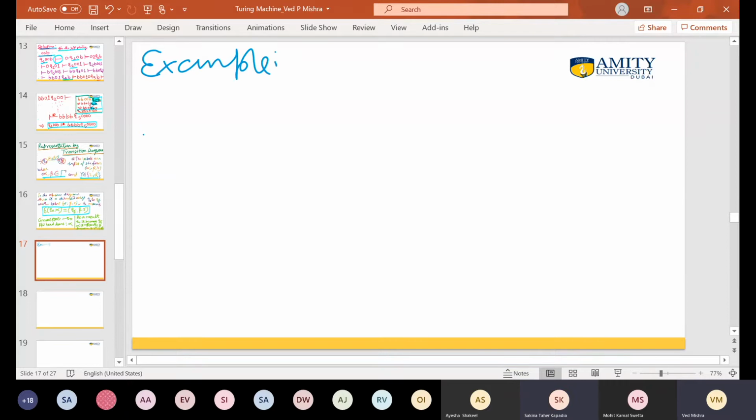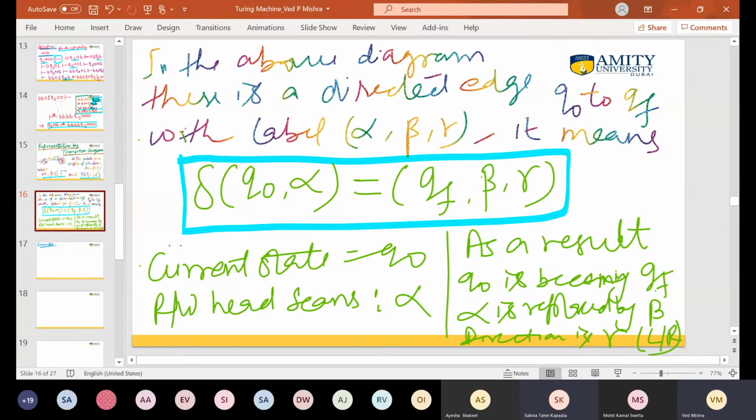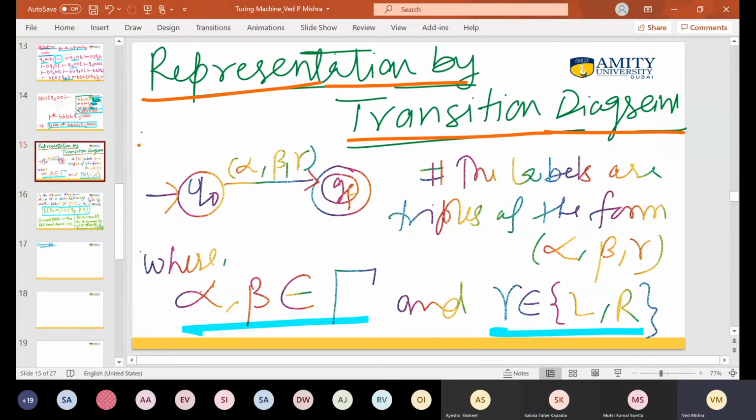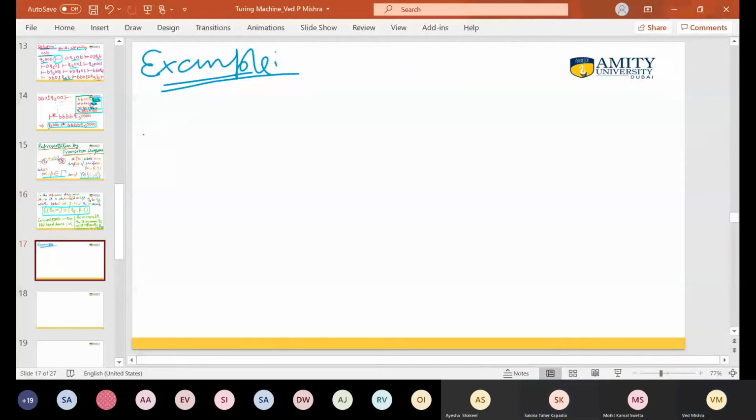Student: Sir, as a result Q0 becomes QF, alpha is replaced by beta, and after that? Direction is gamma, which means either left or right. Gamma is an element of left or right, so it will either go left or go right. Okay, thank you.